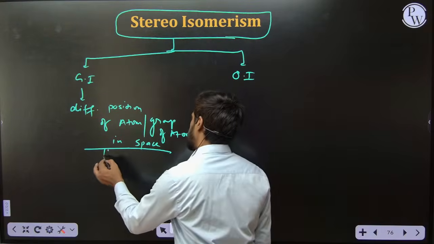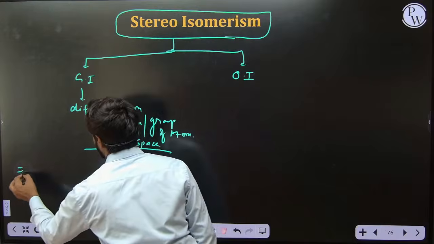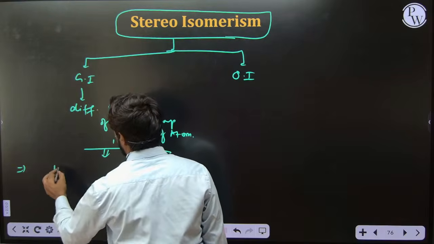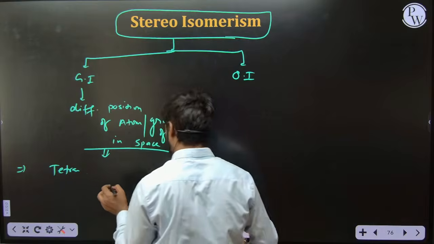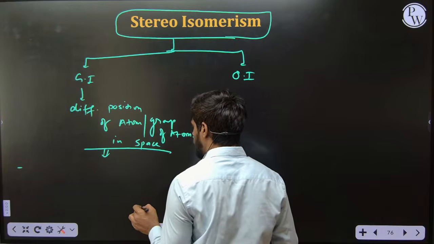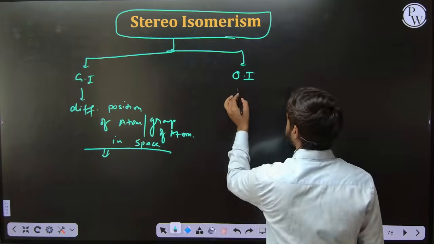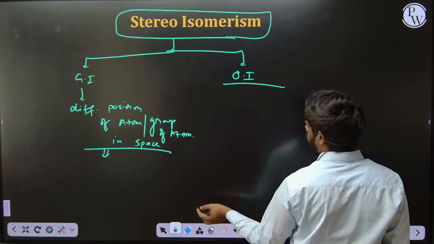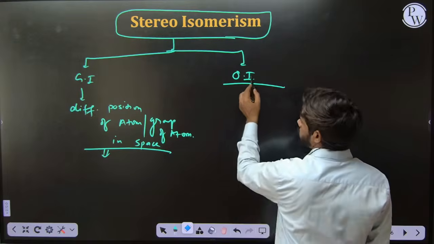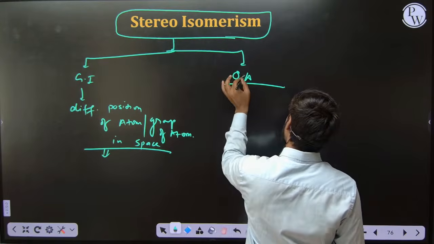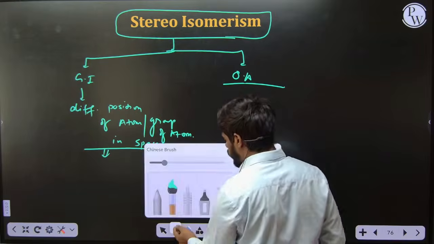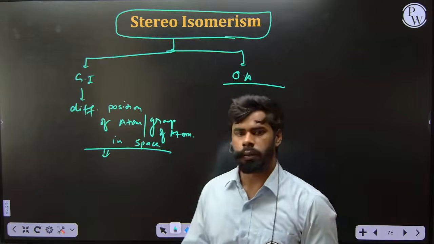Now, in case of GI, tetrahedral, so let's see first of all optical isomerism. Then we will discuss the different optically active compounds. What are the optically active compounds? Those compounds which can rotate the plane polarized light.